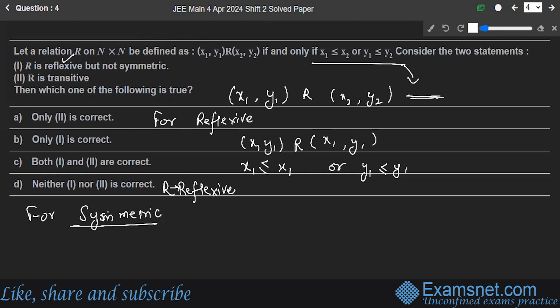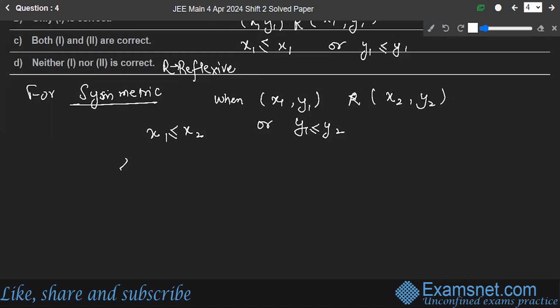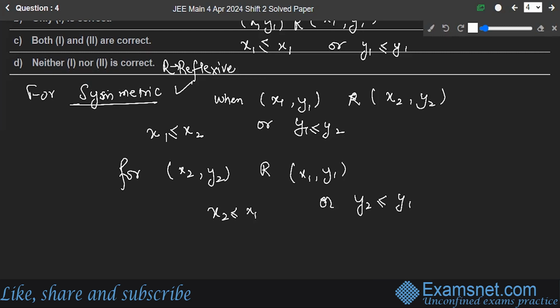For symmetric, when (x1, y1) is in relation to (x2, y2), here you have x1 less than or equal to x2 or y1 less than or equal to y2. For symmetric, I'm talking about (x2, y2) in relation to (x1, y1), so x2 is less than or equal to x1 or y2 is less than or equal to y1.